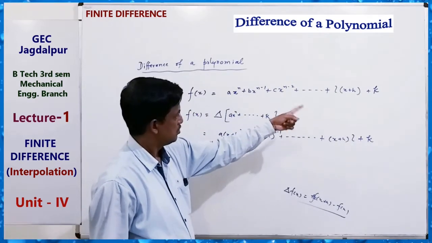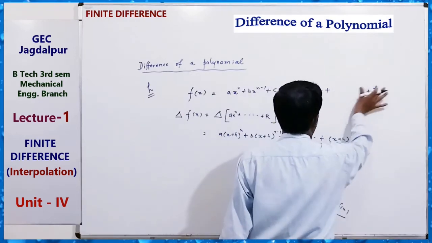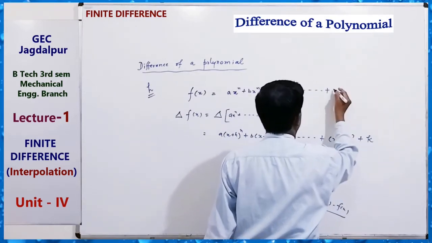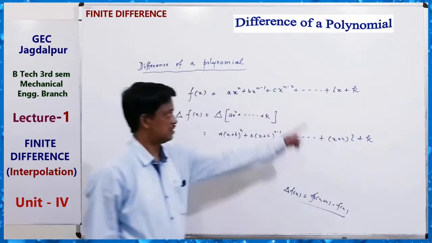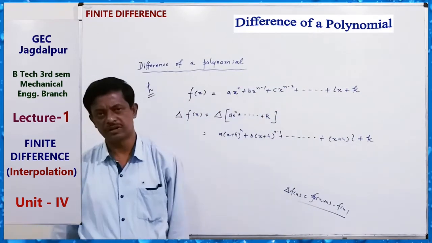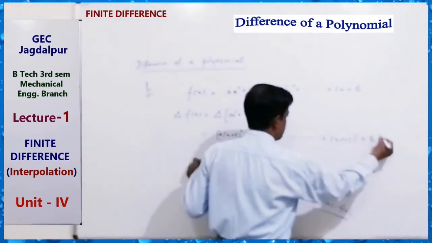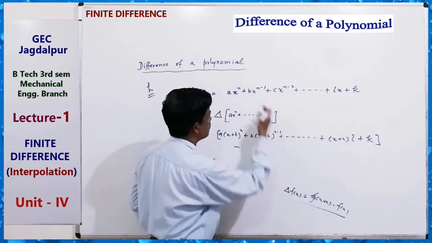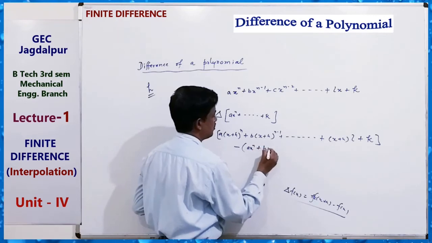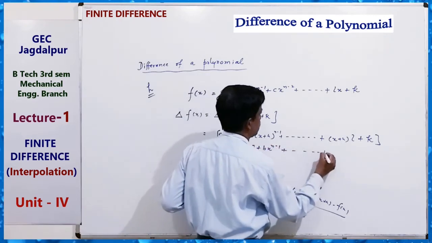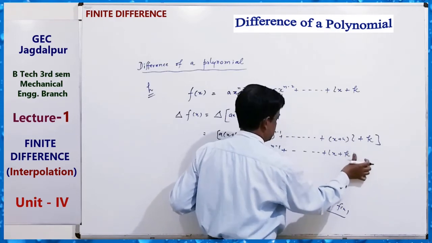So, sorry, L x plus k, the last term x and then the 0 term. So here L x plus h, minus f(x) total: a x^n, b x^(n-1), plus up to L x plus k.